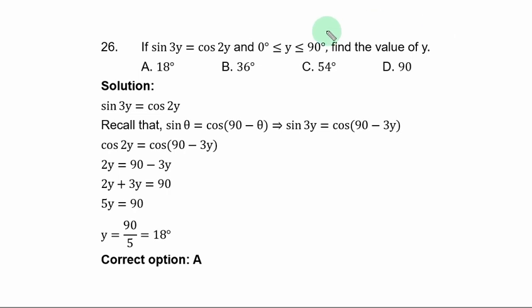Question 26. If sine 3y is equal to cos 2y and 0 degrees is less than or equal to y less than or equal to 90 degrees, find the value of y. This is the given equation.